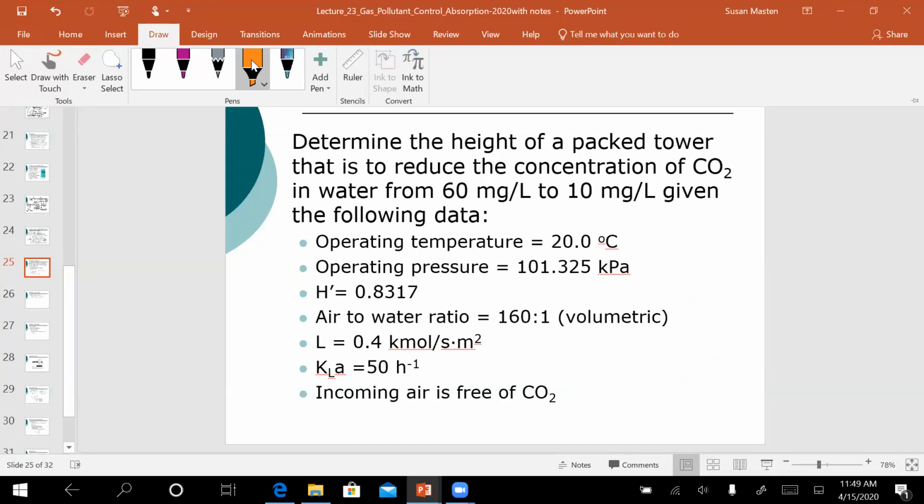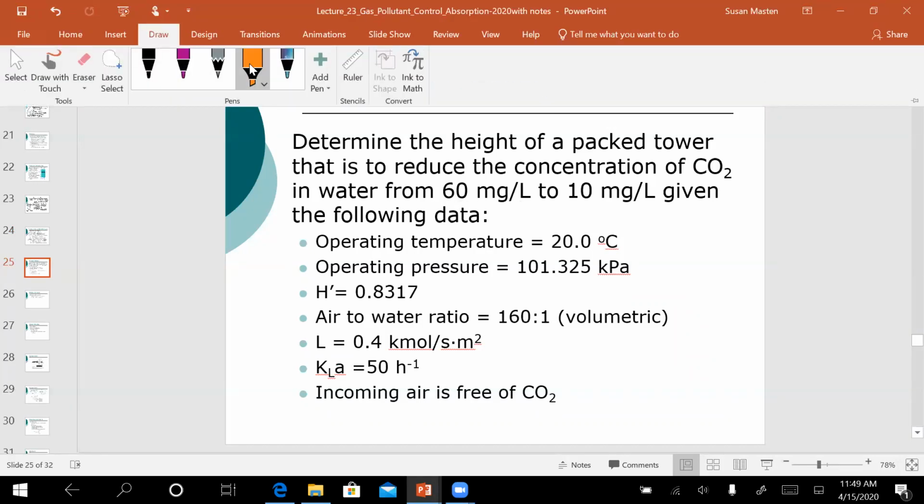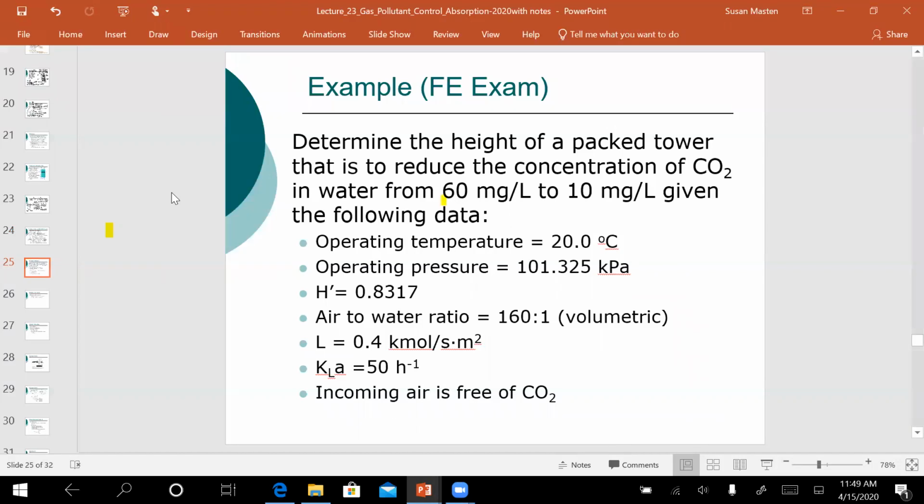So we have an initial CO2 concentration of 60 milligrams per liter, and our desired concentration, the effluent, is 10 milligrams per liter. We are operating at 20 degrees C, 1 atmosphere.